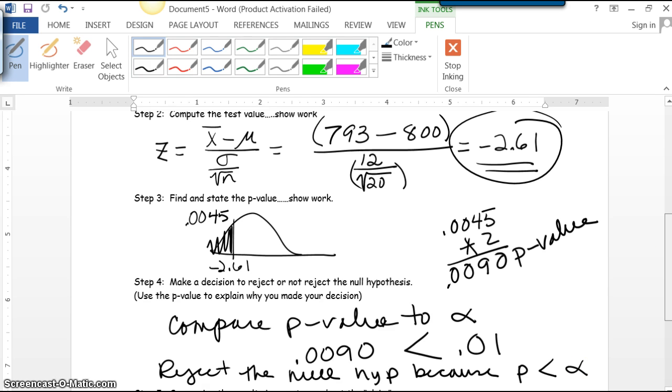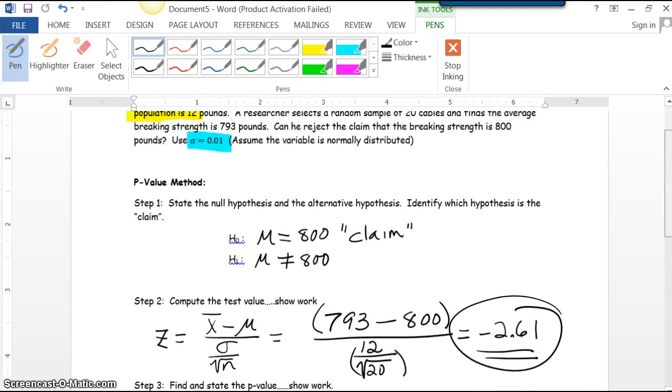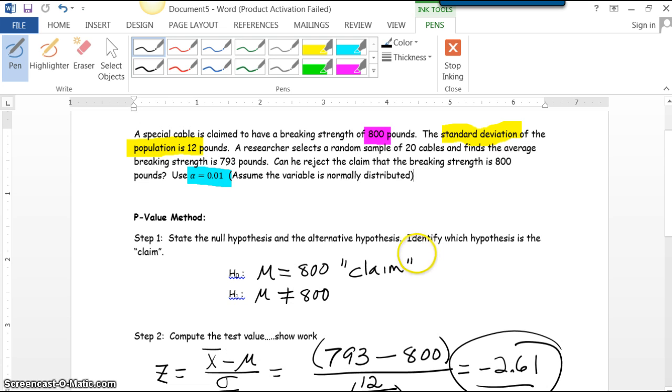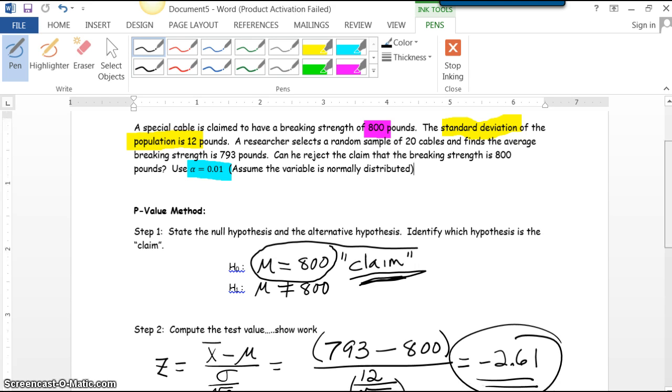And then let's look back at our hypotheses. We are rejecting the null hypothesis, and as we reject it, we are also rejecting this claim that the breaking strength is 800 because the claim is associated with the null, which we are rejecting.